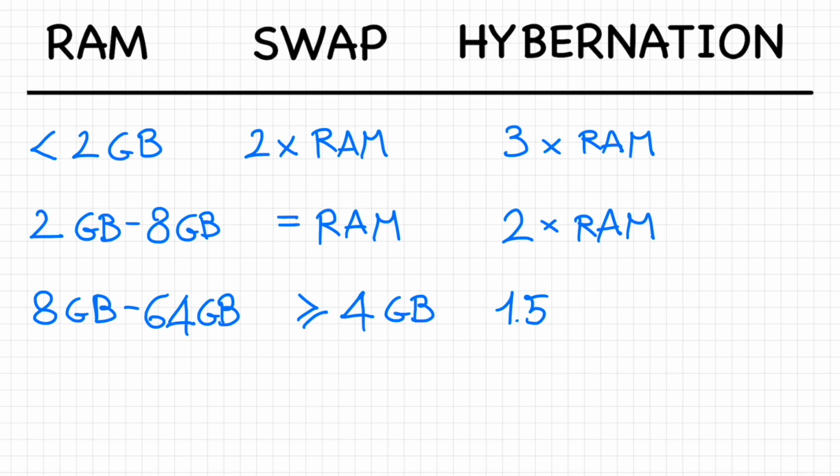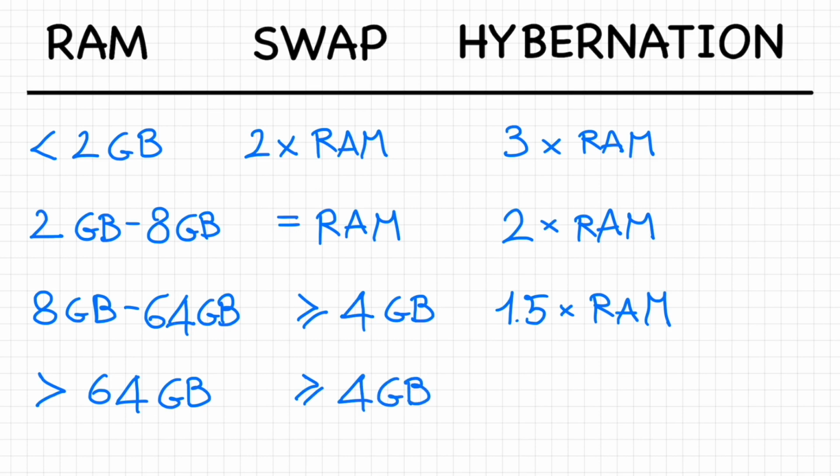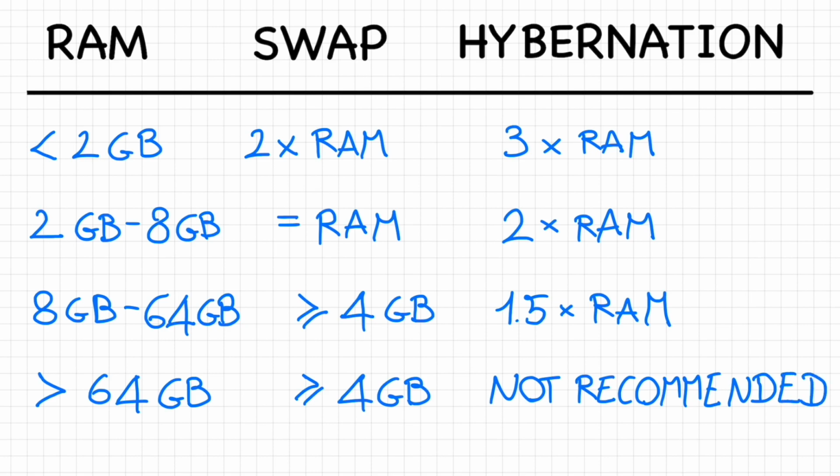If allowing for hibernation, the swap space should be 1.5 times the amount of RAM. If your system has more than 64 gigabytes, the recommended swap space is at least 4 gigabytes. And then, if allowing for hibernation, in this case, hibernation is not recommended.